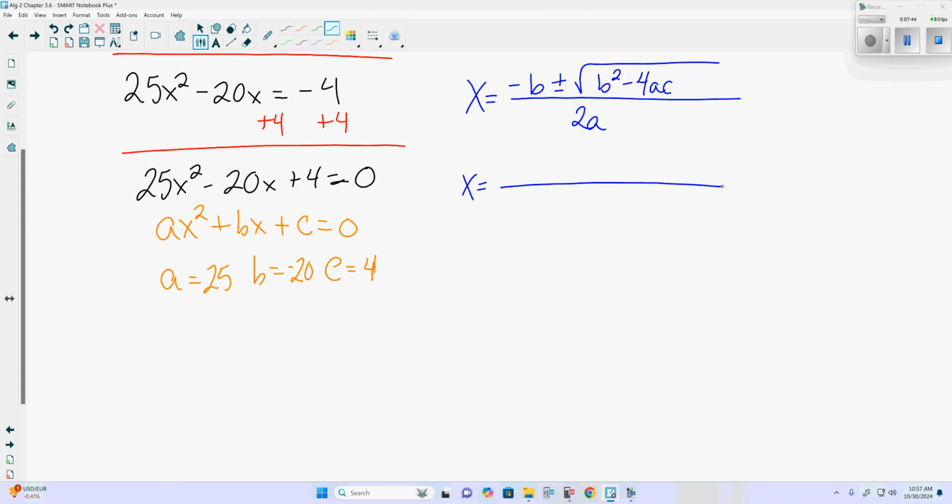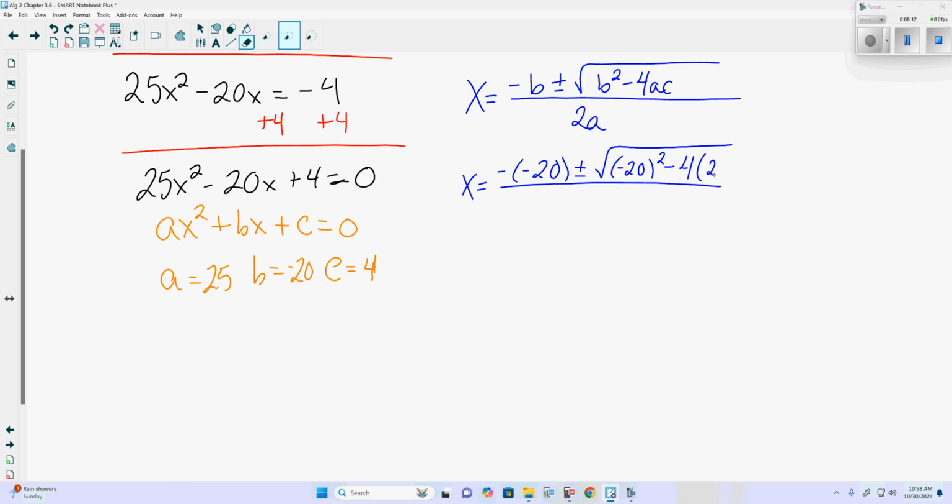x is equal to negative b plus or minus the square root of b squared minus 4ac, all over 2a. So, negative... all right guys, let's focus in here. Negative negative 20 plus or minus the square root of negative 20 squared minus 4.